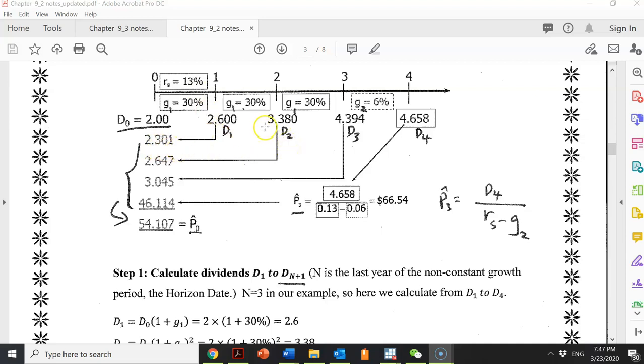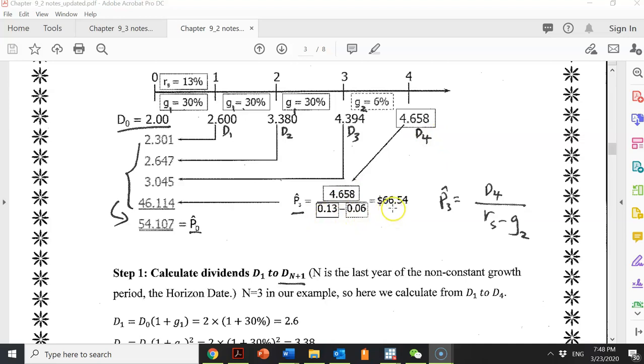If we discount D2 by using 3.38 divided by 1 plus r to the power of 2, 1 plus 13% squared, we have 2.647. For D3, 4.394, we can divide by 1 plus r cubed, 1 plus 13% to the power of 3. So we have 3.045.